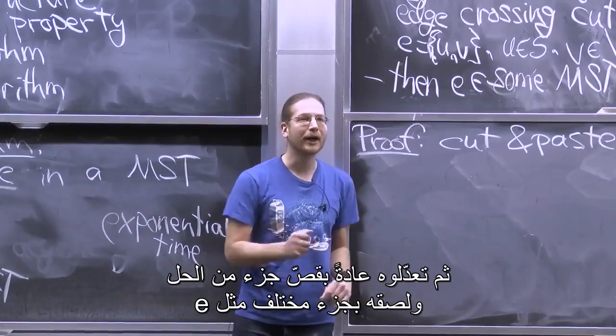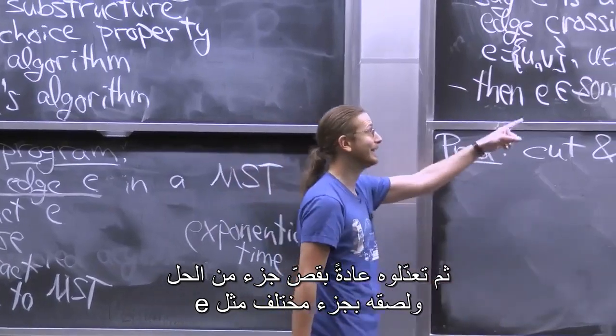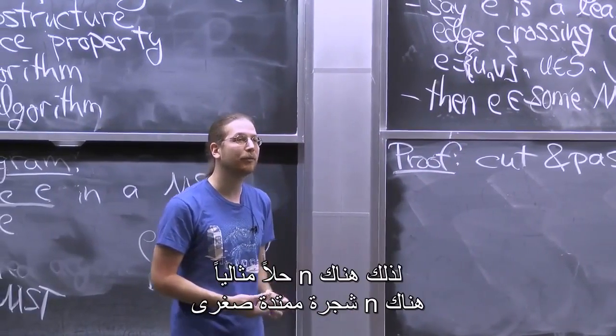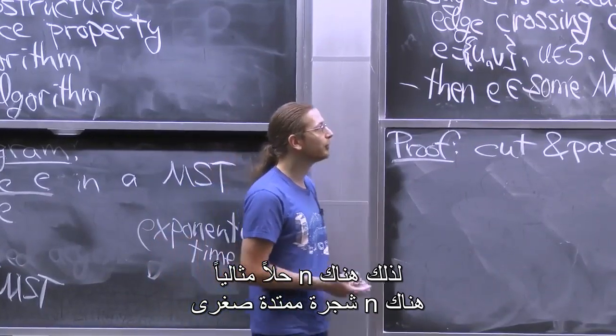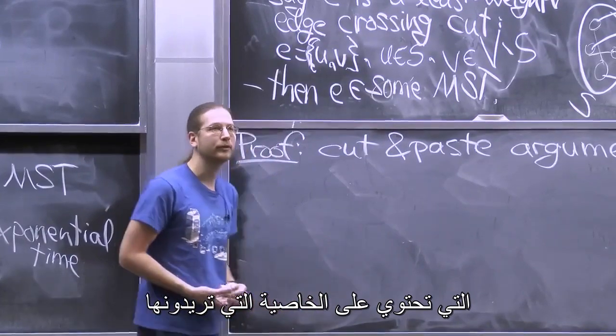And then you modify it, usually by cutting out one part of the solution and pasting in a different part, like E, and prove that you still have an optimal solution. And therefore, there is an optimal solution. There is an MST that has the property you want.